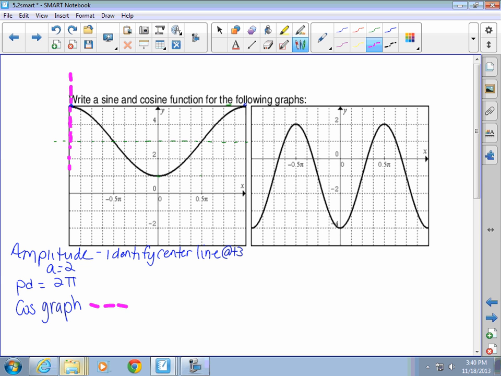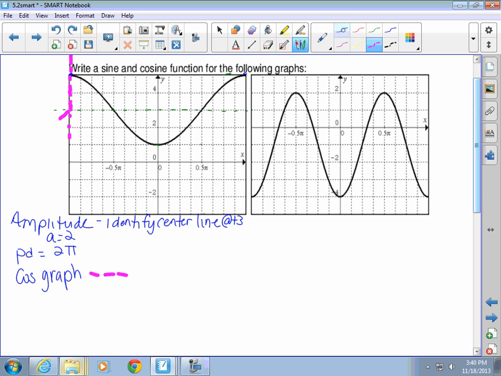If this is my new origin, right here is the new origin for my cos graph, then that's where it would have started. So my phase shift for this cos graph: normally it should have started here at the 0, but it has now started here at negative pi.